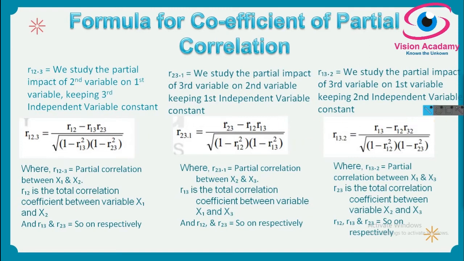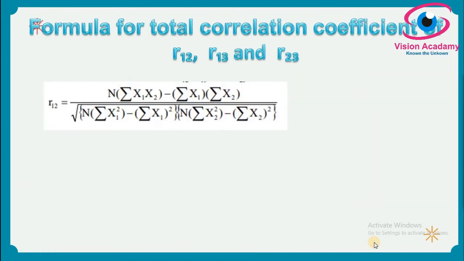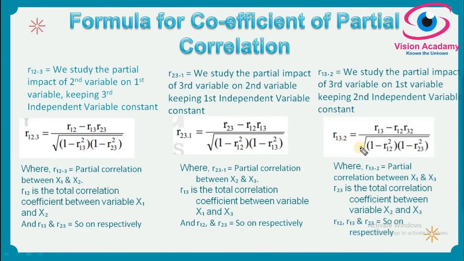So now we shall move further. Before that, to apply this we need the values of the zero order correlations, that is R12, R13, and R32, which means 2, 3. So we have to obtain these three values first.